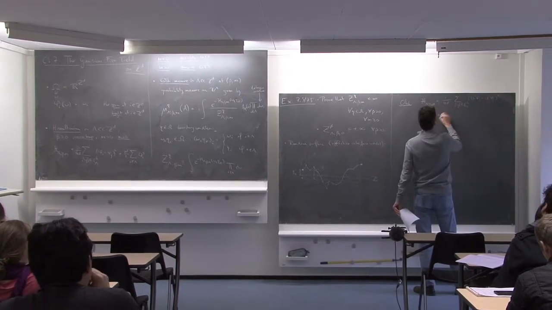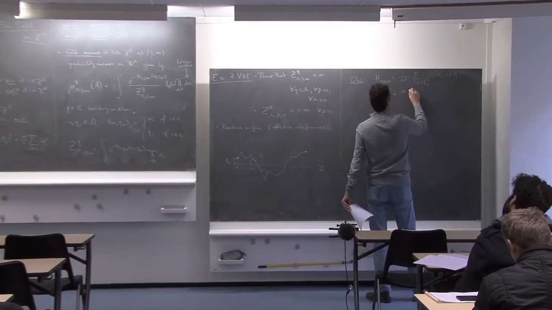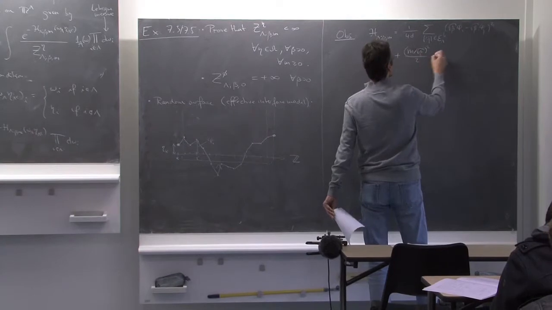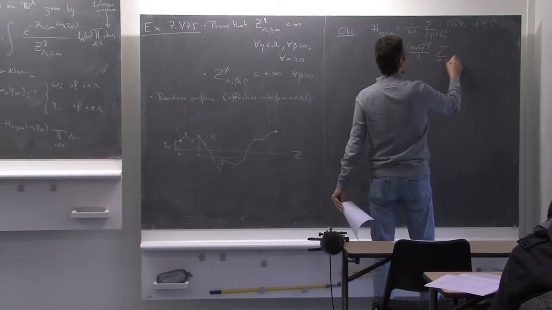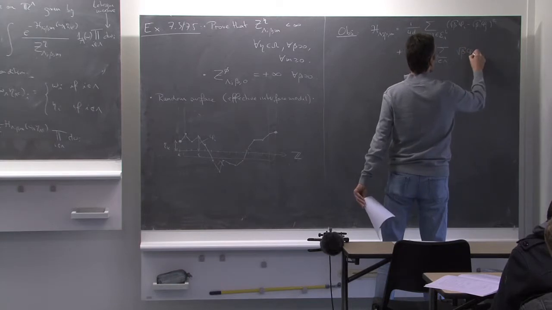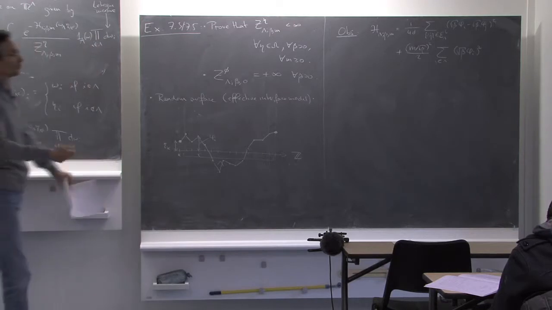And then the second term will be, let me do it like that, m over square root beta, squared, over 2, sum over I in lambda, of square root beta phi I, squared. I've not changed anything, I've just moved things around.